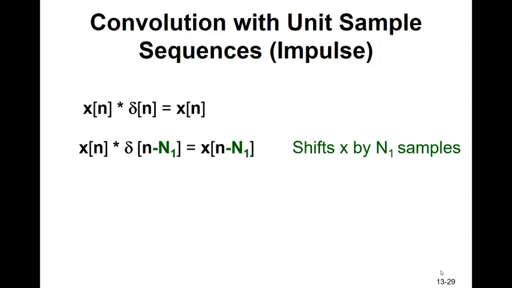So at n equals 2, I'm going to get my value of 3. 2 there, 1 there, 0. 2 here, 1 there. All zeros after that. So wherever was n, we shift that over to wherever the unit sample sequence was.